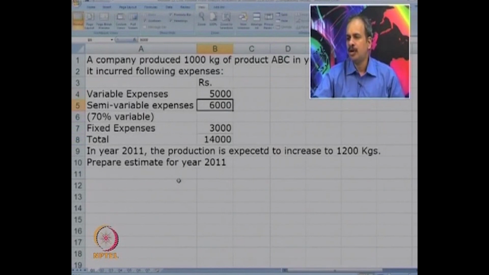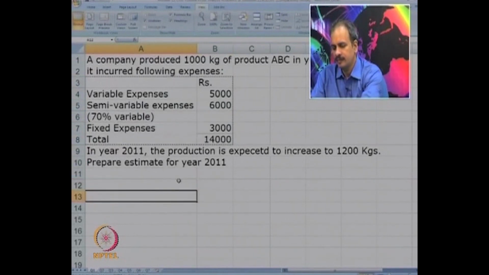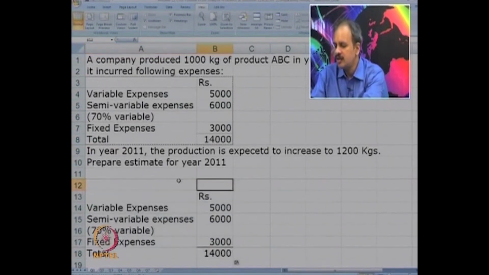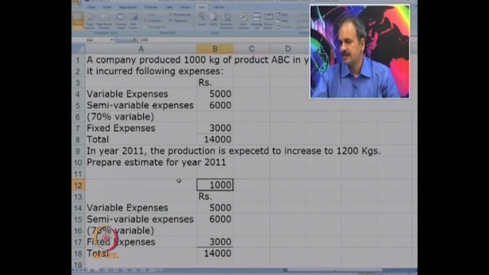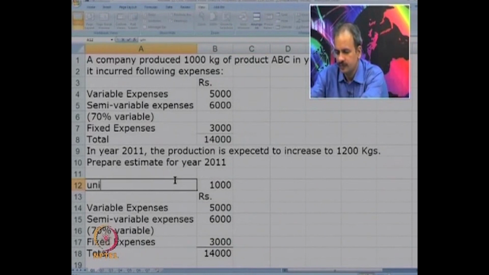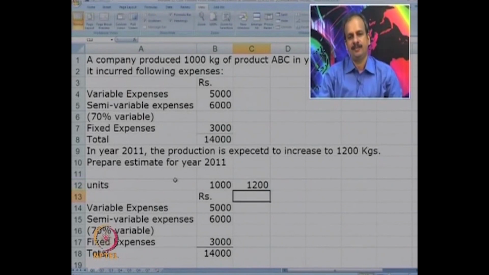Now we have variable costs. Now this cost structure, as you can see here, is for 1000 units. Current level is 1200. It has increased by 20%. So what will be the costs now?